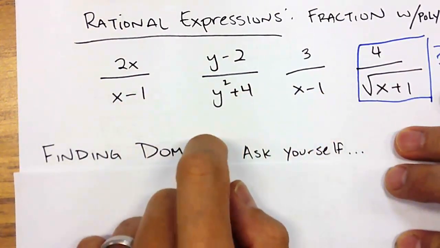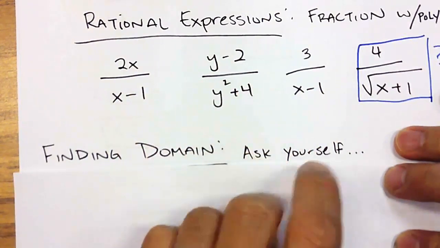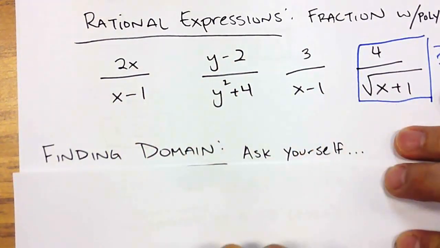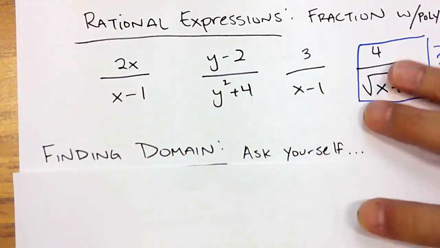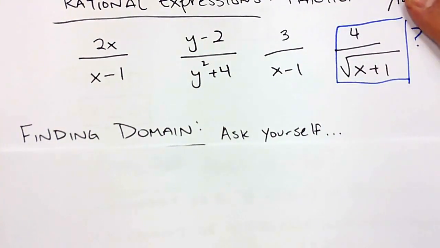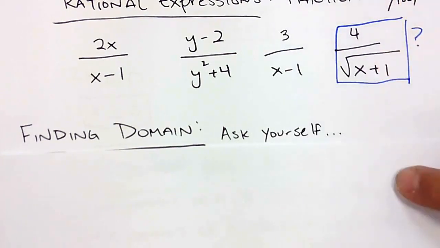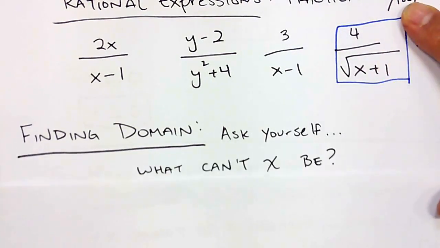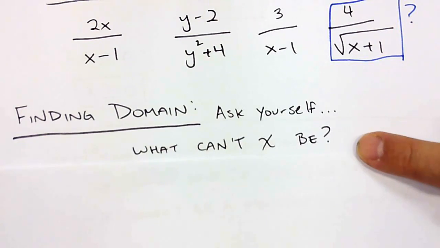What can and cannot x be? I know that's not correct English, but just to enunciate the can't. So when we're finding a domain, we're asking ourselves, what can't x be, or what cannot x be?